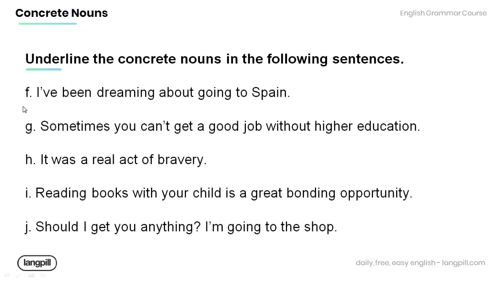F. I've been dreaming about going to Spain. G. Sometimes you can't get a good job without higher education. H. It was a real act of bravery.